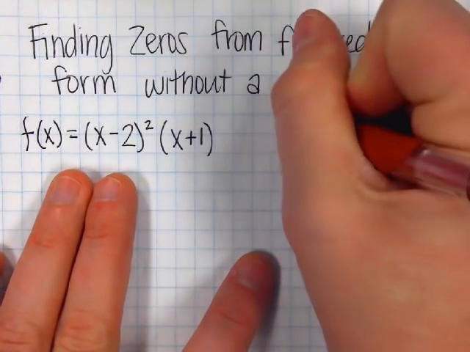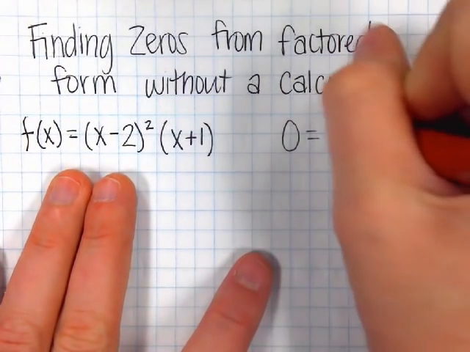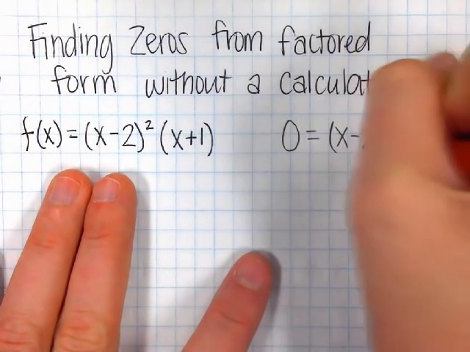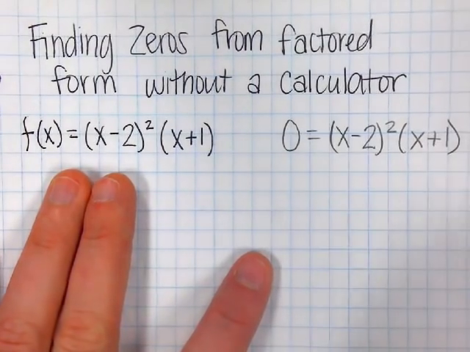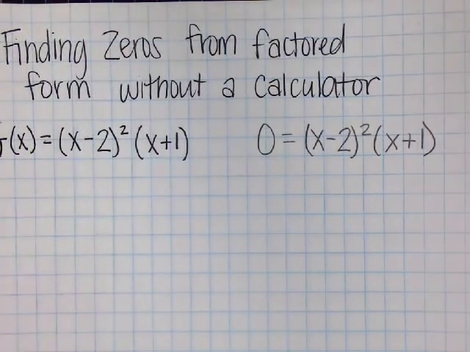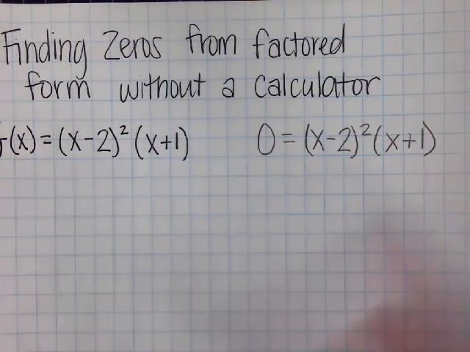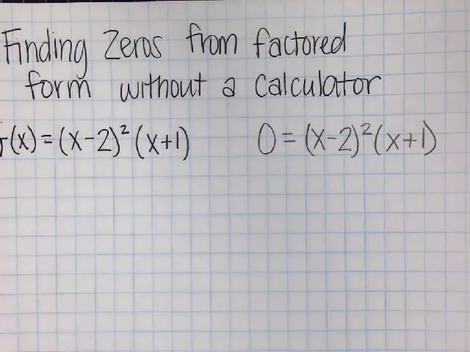Again, you set it equal to 0, and then x minus 2 squared, and x plus 1. So if I have this equation, I'm looking for what number I can plug in for x that would make this equal 0.